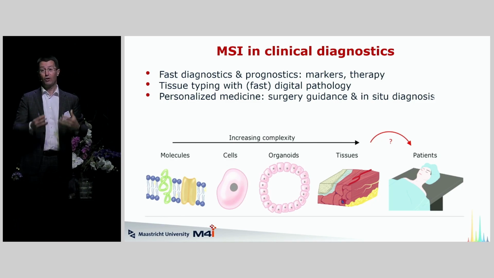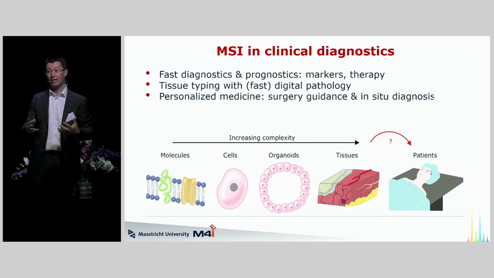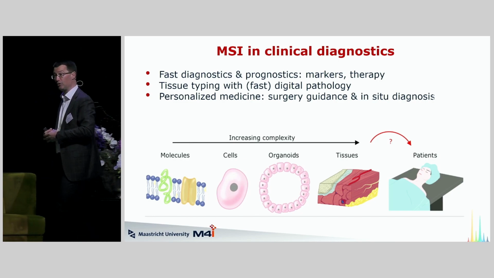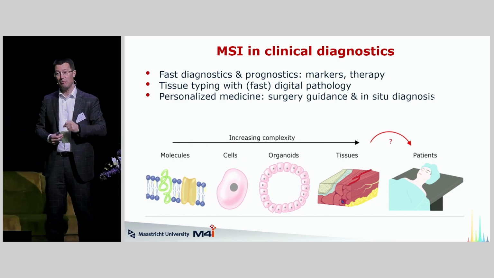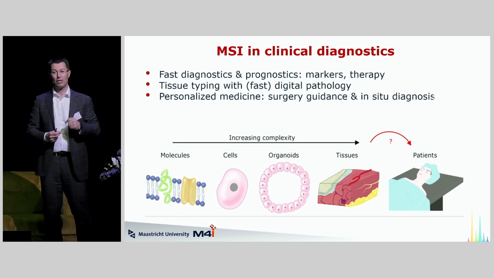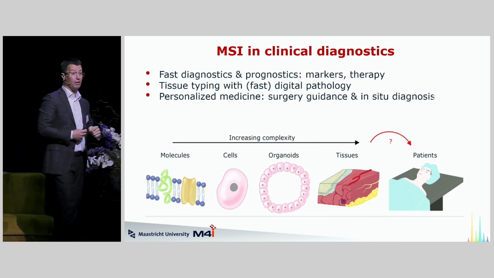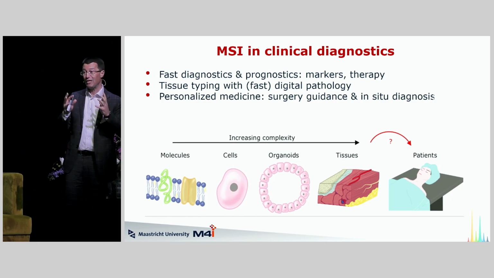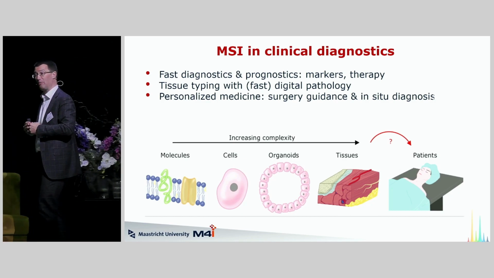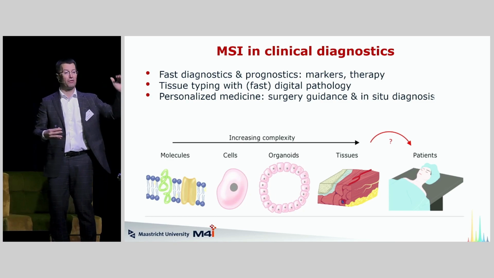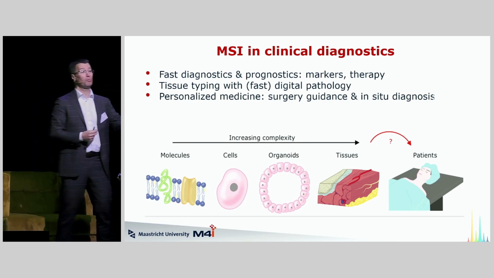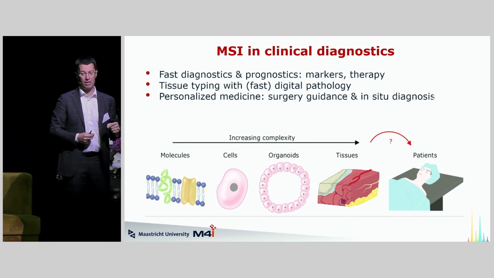And that is why the role of mass spec imaging in clinical diagnostics is something that I'll be highlighting to you today and show you how single-cell imaging mass spectrometry can actually play an important role in improving our diagnostics, in improving high-throughput tissue typing using digital pathology, which integrates all of these different levels of information, and ultimately resulting in personalized medicine.